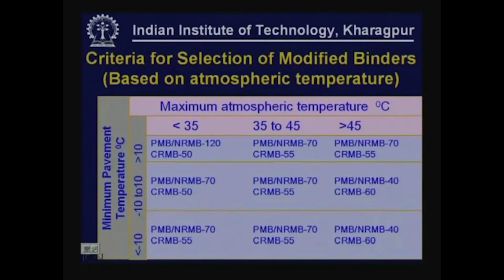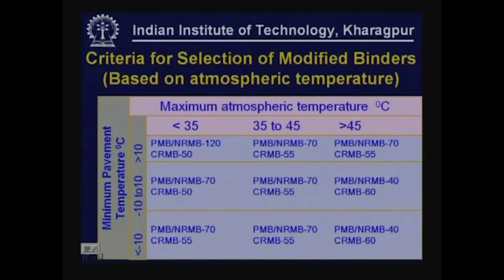For example, if we have a location where maximum atmospheric temperature is more than 45 and the minimum atmospheric temperature is more than 10, then we can examine PMB 70, NRMB 70 or CRMB 55.